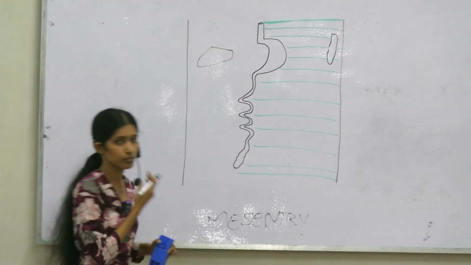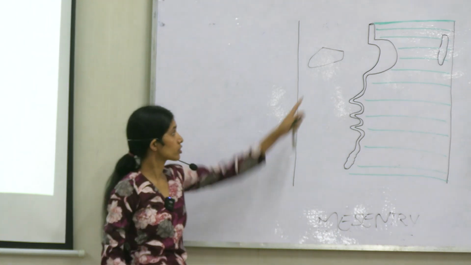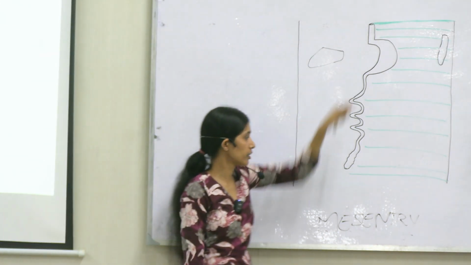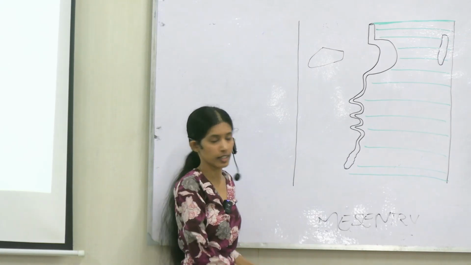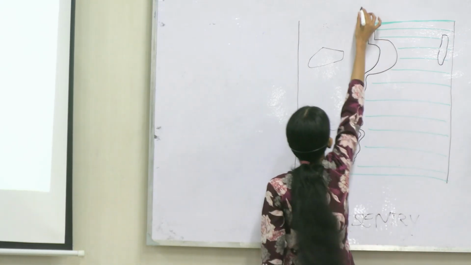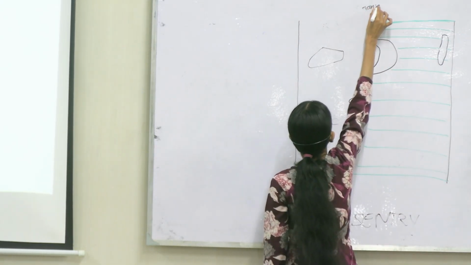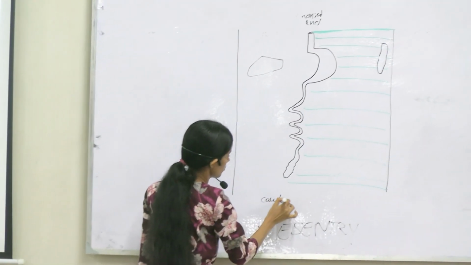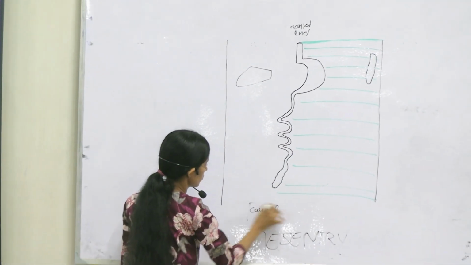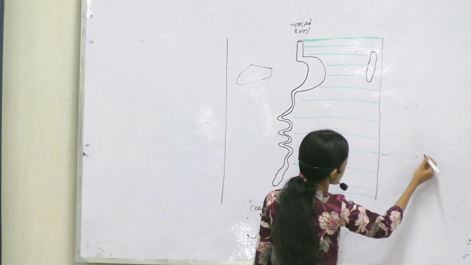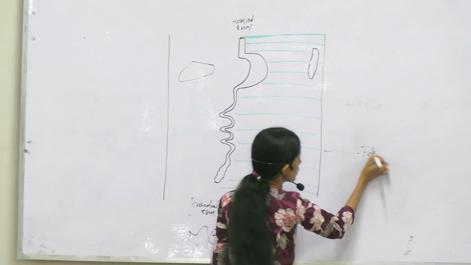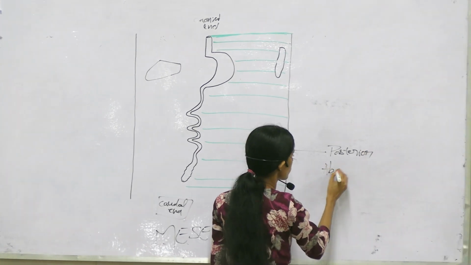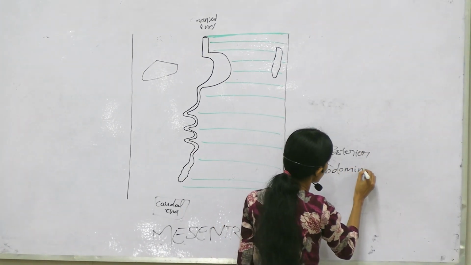Okay. Listen. This is your gut tube. This is the cranial end and this is the caudal end. Now imagine this is your posterior abdominal wall.